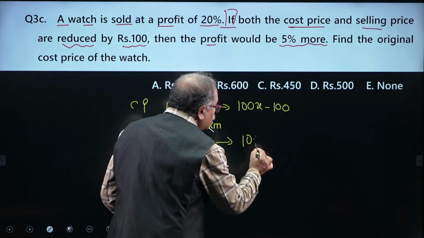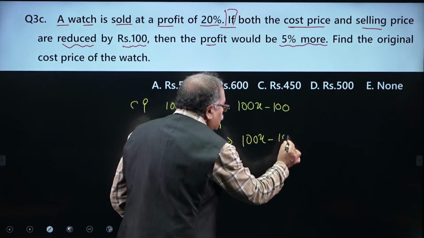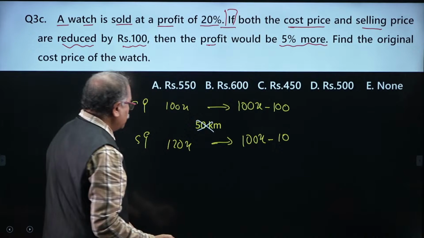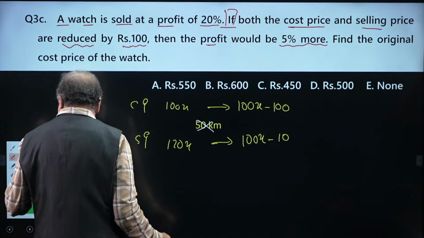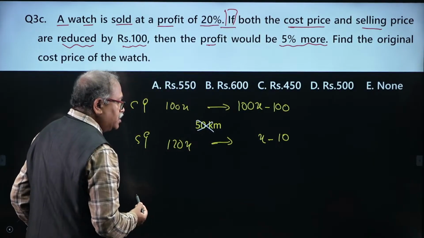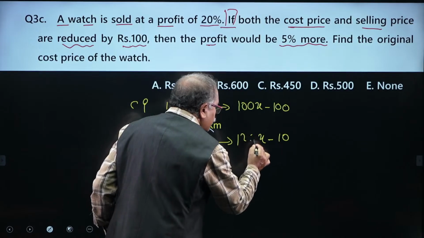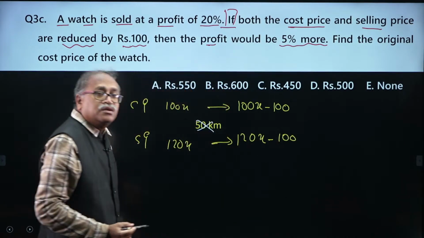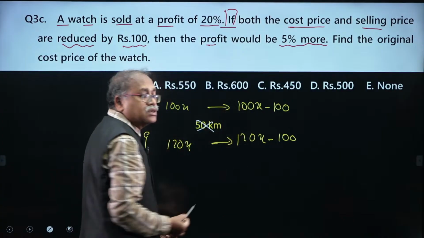The selling price is 120x minus 100. This is case 1 and this is case 2.